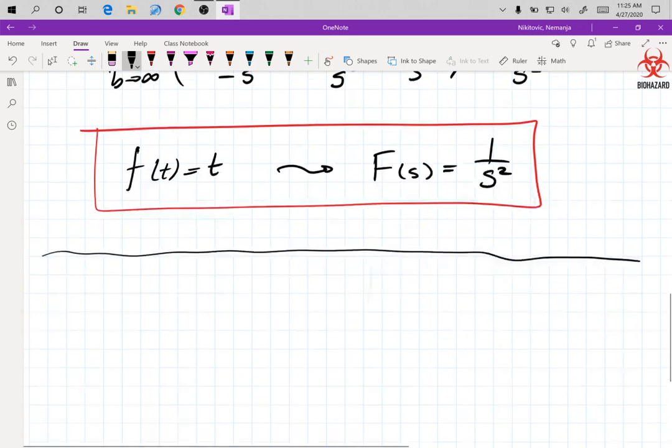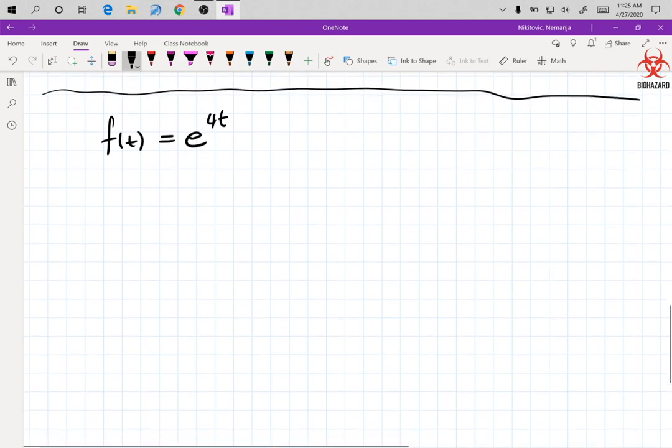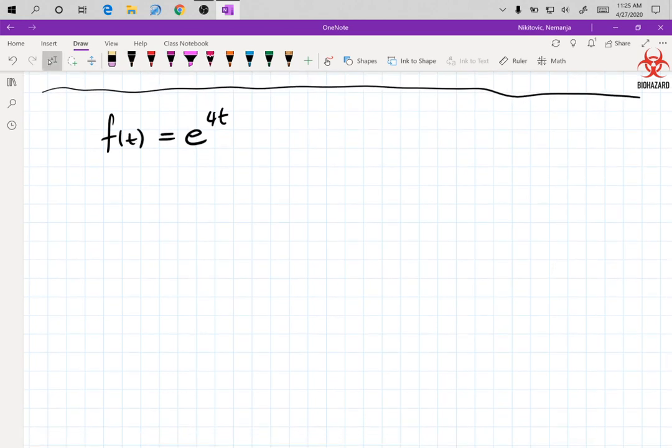All right, so let's go and transform. Say f of t equals e to the 4t. Let's say e to the 4t popped up in your calculation somewhere, and you need to transform that using Laplace, starting next section or following section. You need to convert this.